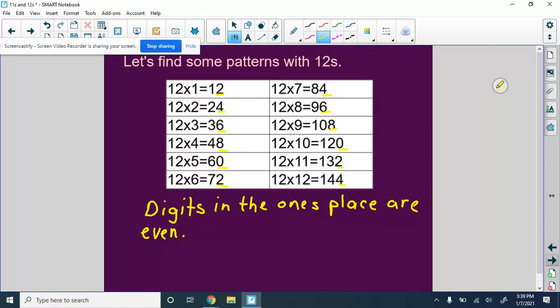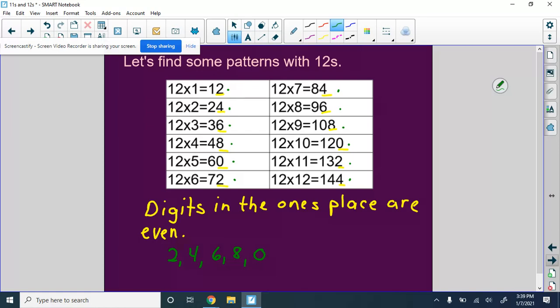It goes 2, 4, 6, 8, 0. 2, 4, 6, 8, 0. 2, 4, and if we continued on, we would get a 6 and then an 8 and then a 0. So we have a pattern here. We've got 2, 4, 6, 8, 0 in the ones place.